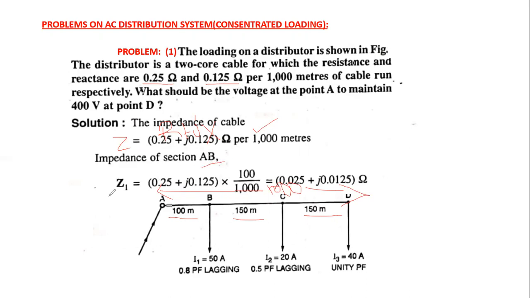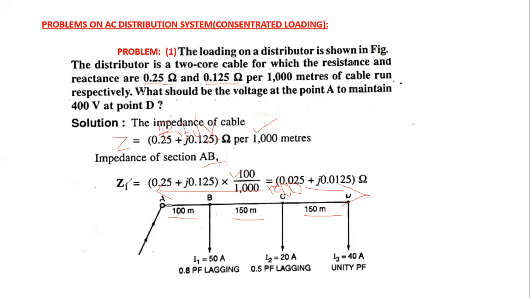What is the impedance of section AB? Z1 is equal to (0.25 plus j0.125) into the distance between A and B, which is 100, divided by the total length of the distributor, 1000. Therefore Z1 is equal to 0.025 plus j0.0125 ohms.